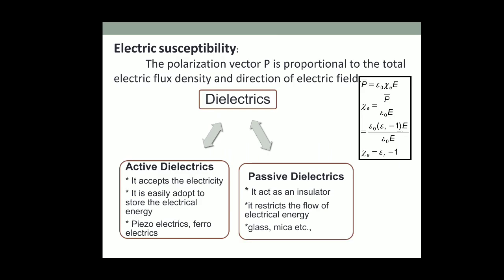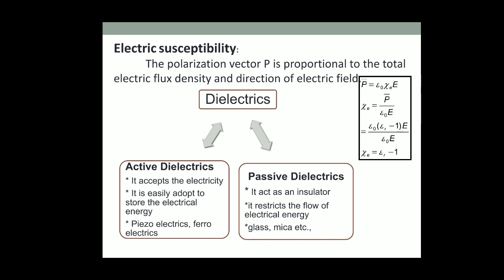Next, electrical susceptibility. The polarization vector P is directly proportional to the total electric field intensity E and is in the same direction as E. Therefore, the polarization vector can be expressed as P is equal to epsilon naught psi E into E, where psi E is the electrical susceptibility.